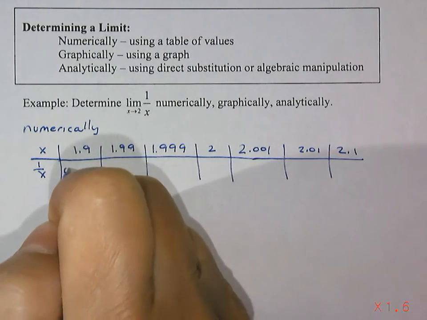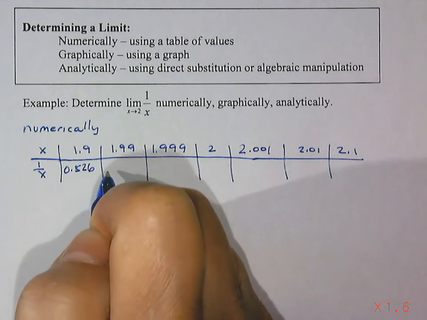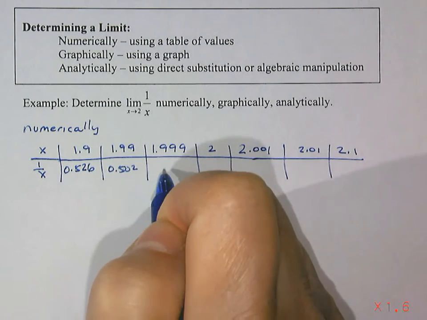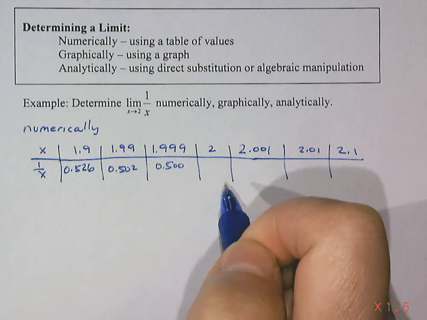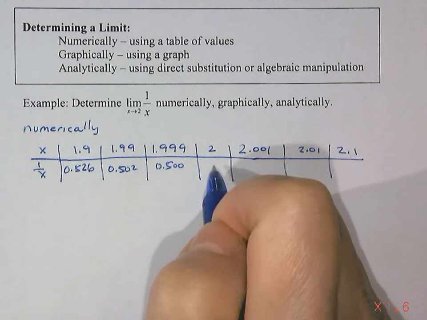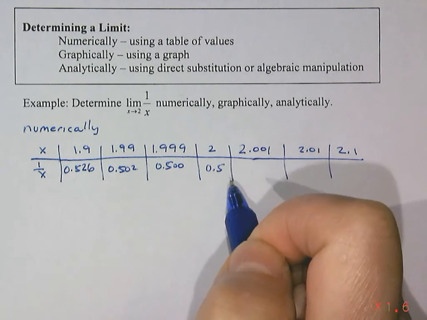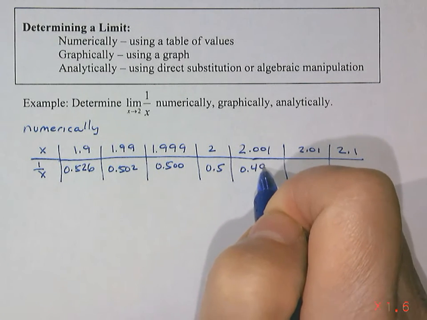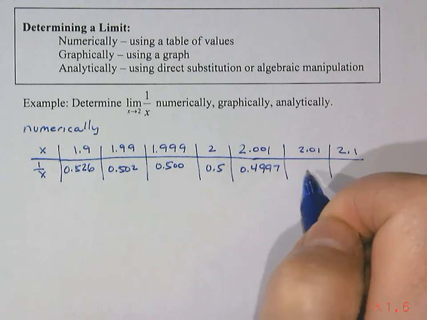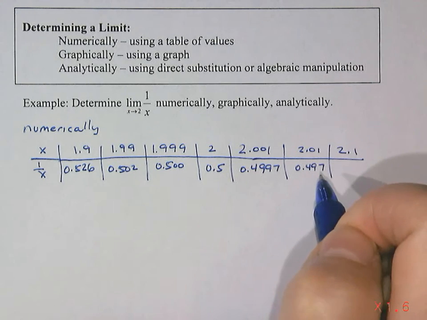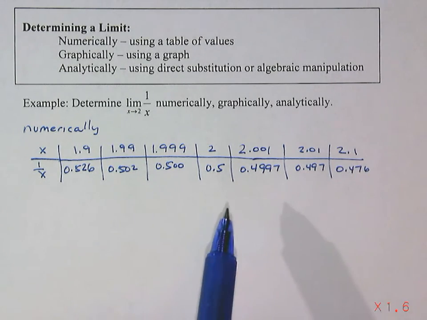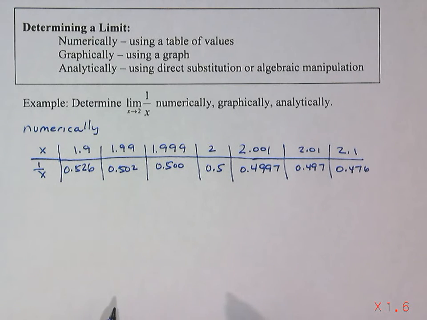So I'd have 0.526, 0.502, 0.500. At 2, I'd actually get 1/2, which is 0.5. Then 0.4997, 0.497, and 0.476. And remember, I'm just using my calculator and the table of values to find these numbers.